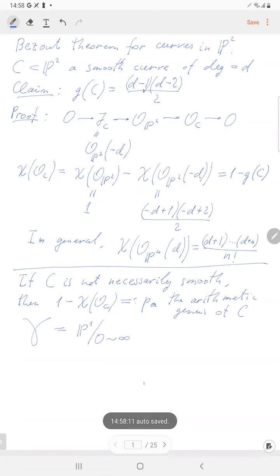So there is a normalization map like this, the normalization, or resolution of singularities. So anyway, the arithmetic genus of this thing will be 1.